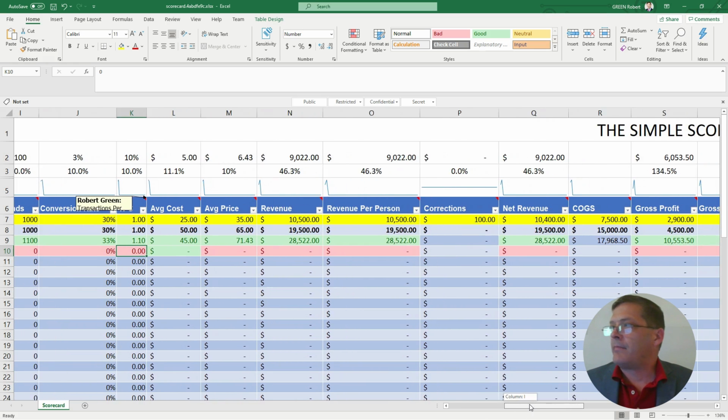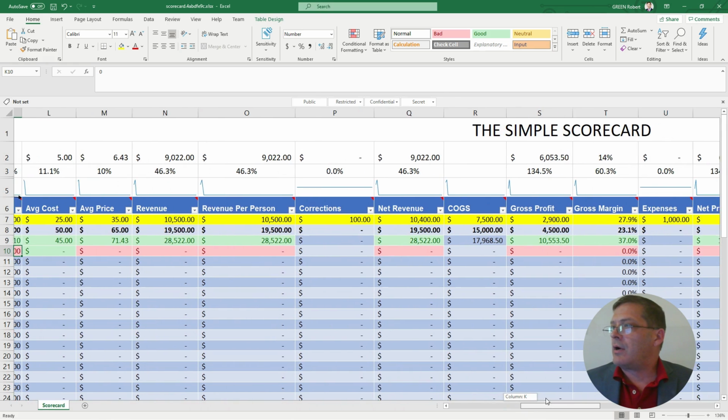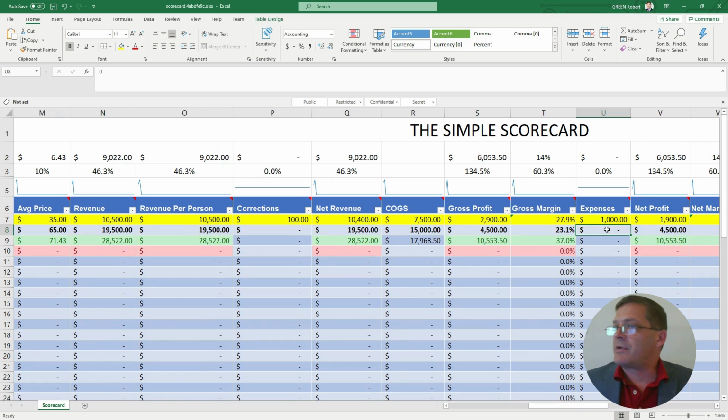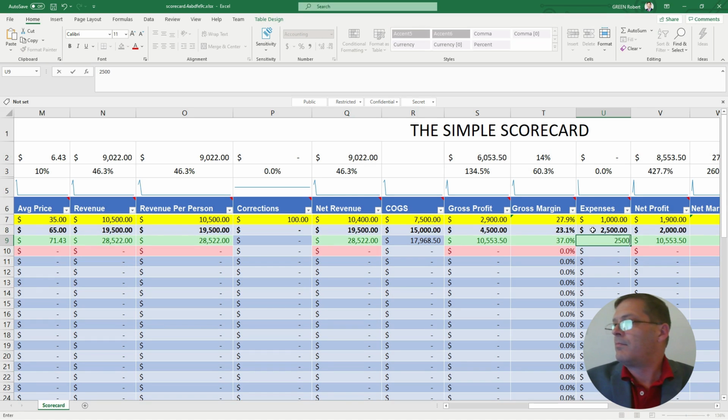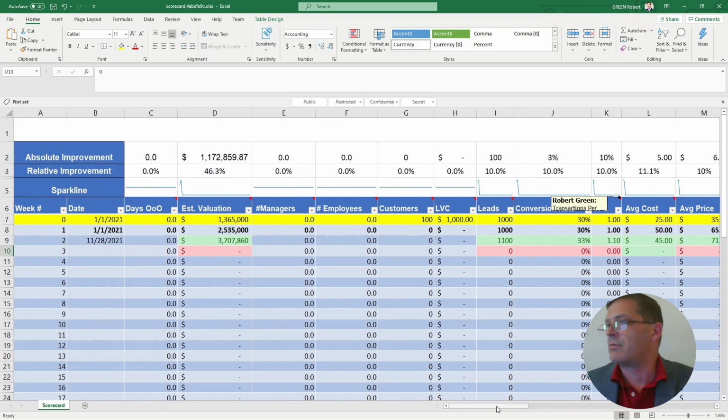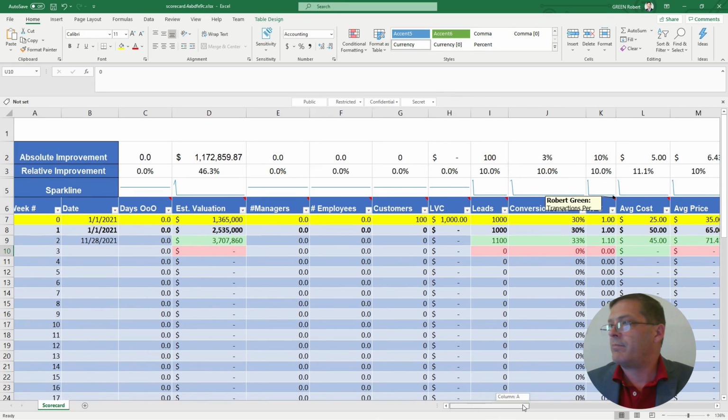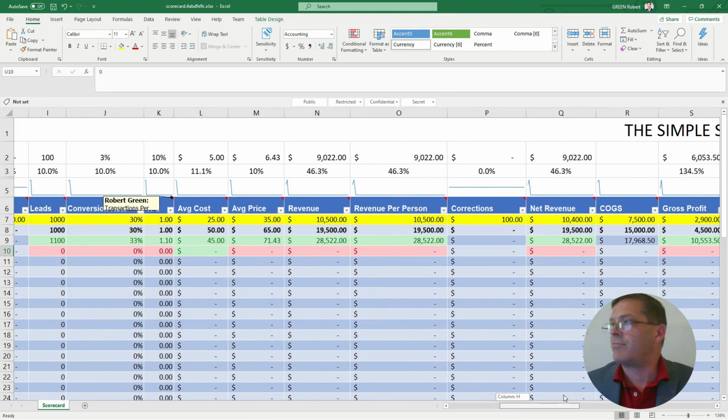Okay. Now, let's say we have expenses. I don't have expenses in here, so let's say it's $10,000 per month. From our gross profit, excuse me, let's call it $2,500. Add those in. That's actually going to decrease our valuation just a little bit, but that's okay. The impact will be realized here very soon.